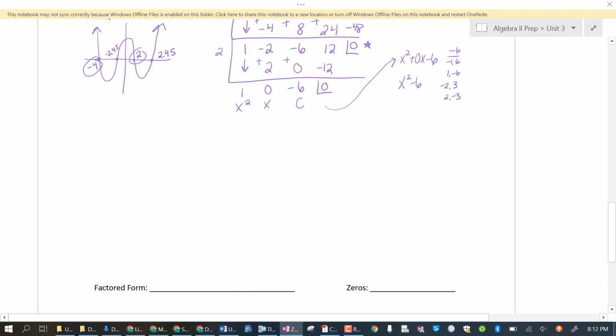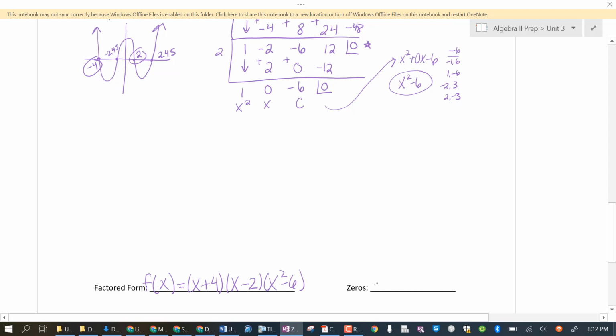So f of x is going to equal x plus 4, x minus 2, and that comes from the two real zeros that I found, the -4 and the +2. And then my last factor is going to be this x squared minus 6.